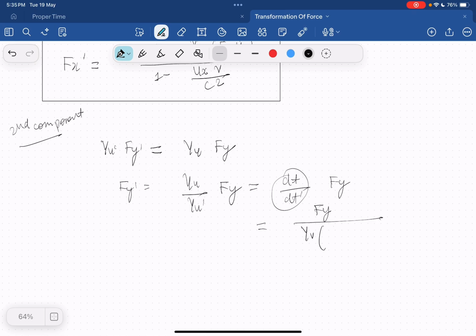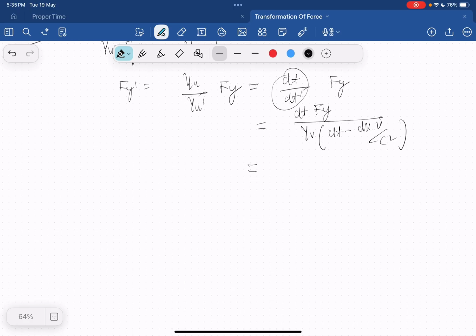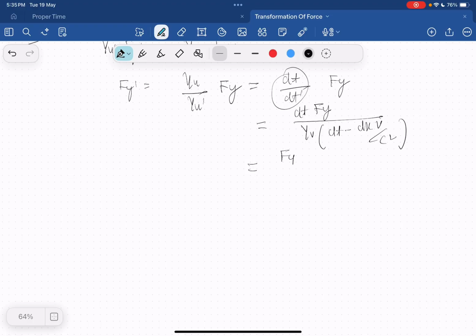So let's write dt prime. So dt prime comes out to be gamma v dt minus dx v by c square. Now divide by dt. So we get fy times gamma v, 1 minus ux v by c square.